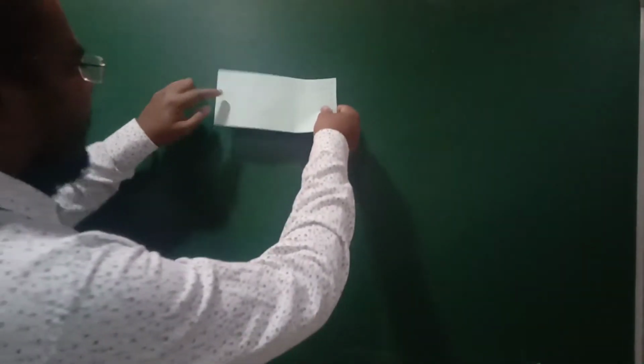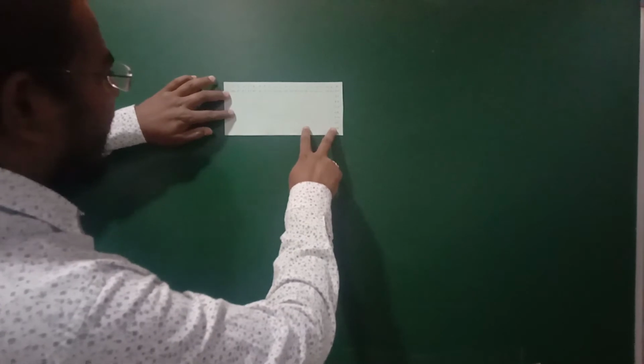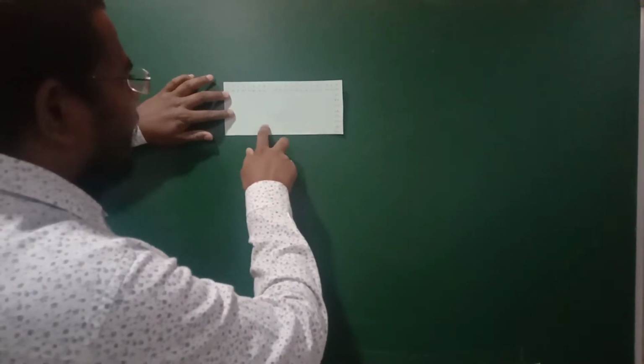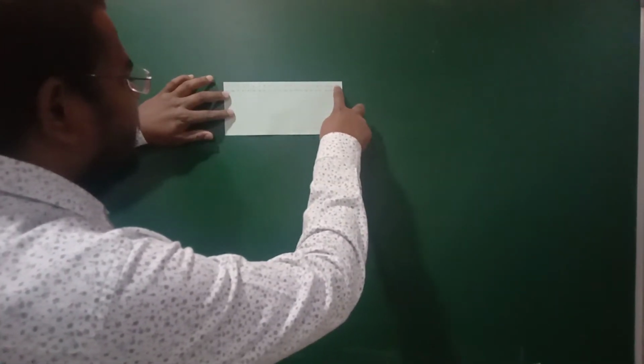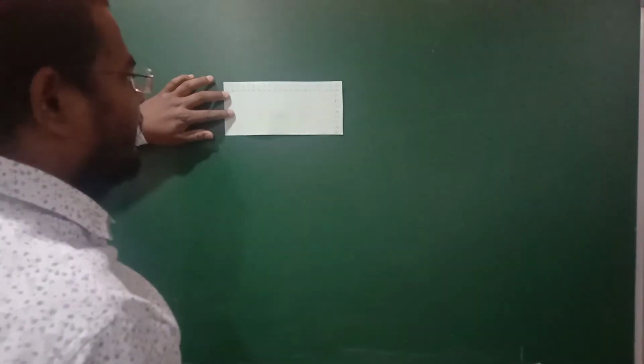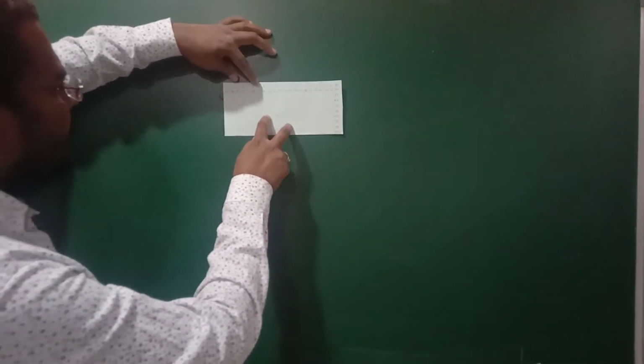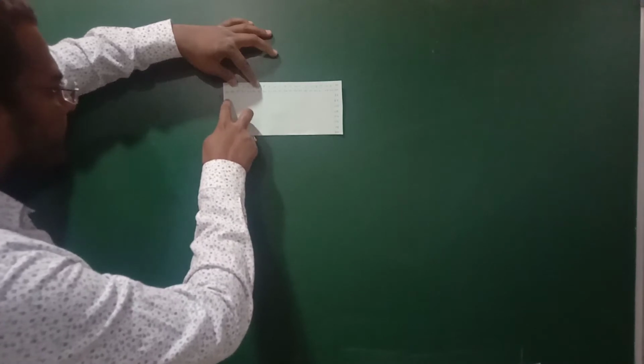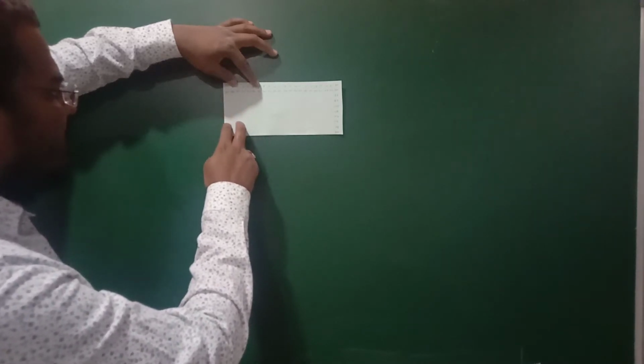So exactly, I have made it as a rectangle, with the length of 22 centimeters as well as the breadth of 10 centimeters. You can see here 1, 2, 3, 4, 5, 6, 7, 8, 9, 10.